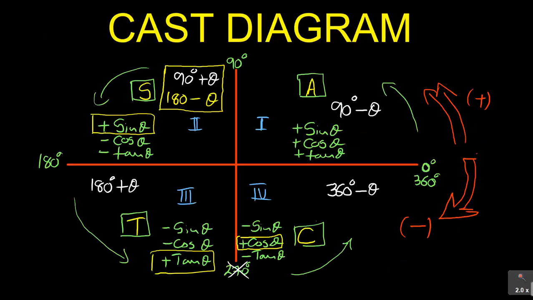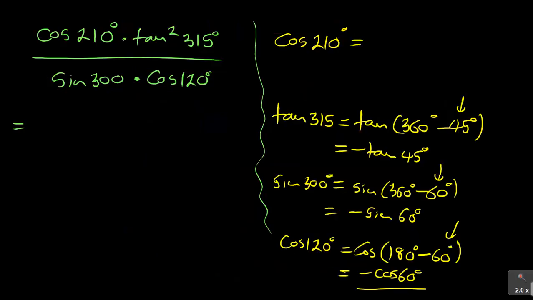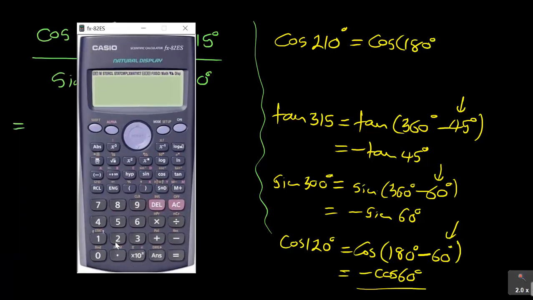Let's go and check cos 210. It's after 180 but before 270. So it's in quadrant number 3, which is 180 plus theta. So this is cos of 180 degrees plus what number? I'm going to say 210 minus 180 is giving me 30 degrees.